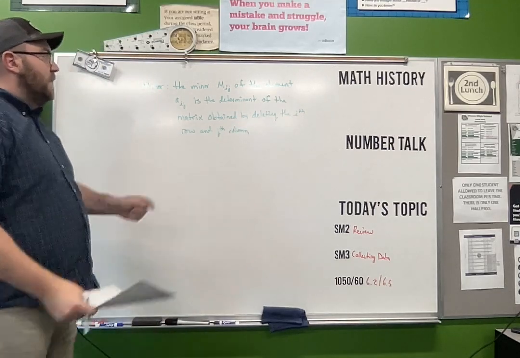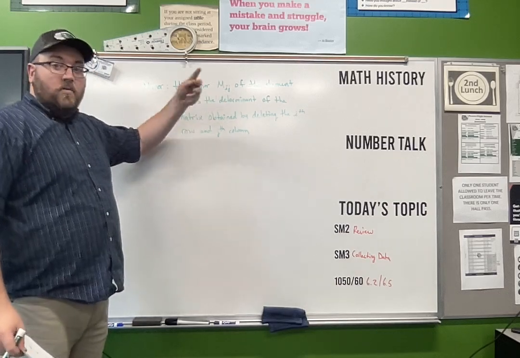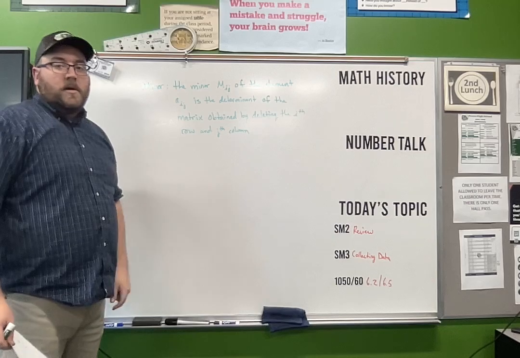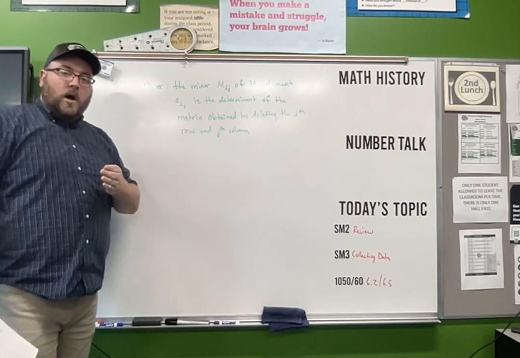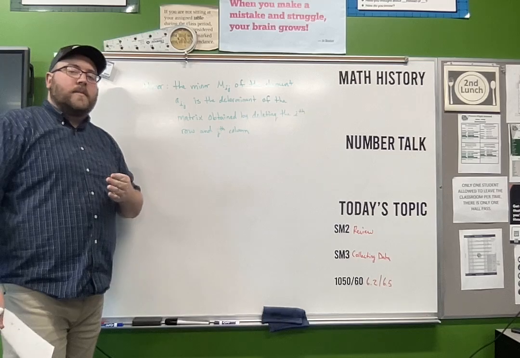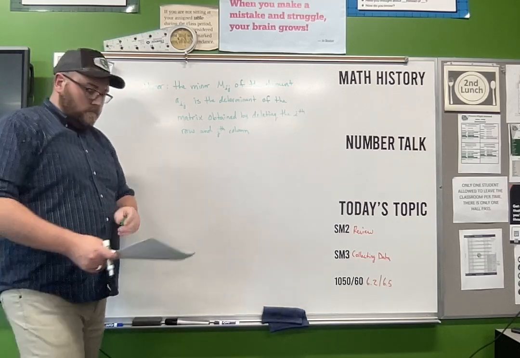Okay, so to figure out a minor of a certain element, like a11, so minor 1,1, you would delete that row and that column, so the first row and the first column in the matrix, and find the determinant of what's left over. And that's called the minor.